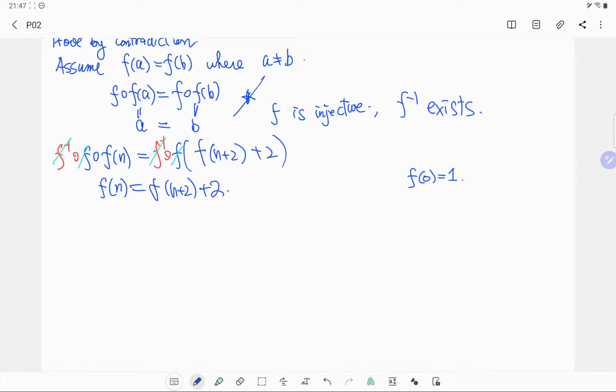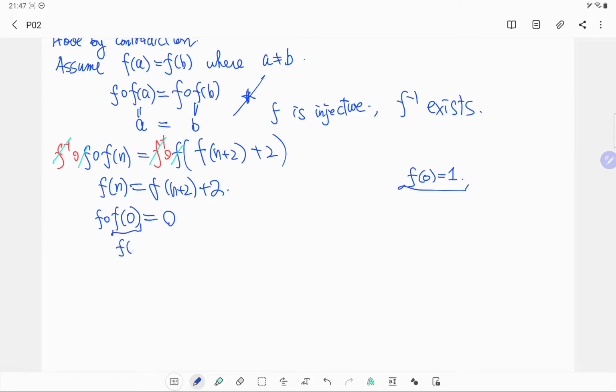And by the way, we can also use f(f(n)) equals to n and plug in n equals to 0. So it is equal to 0. However, this one we can substitute f(0) equals to 1, which means that f(1) is equal to 0.